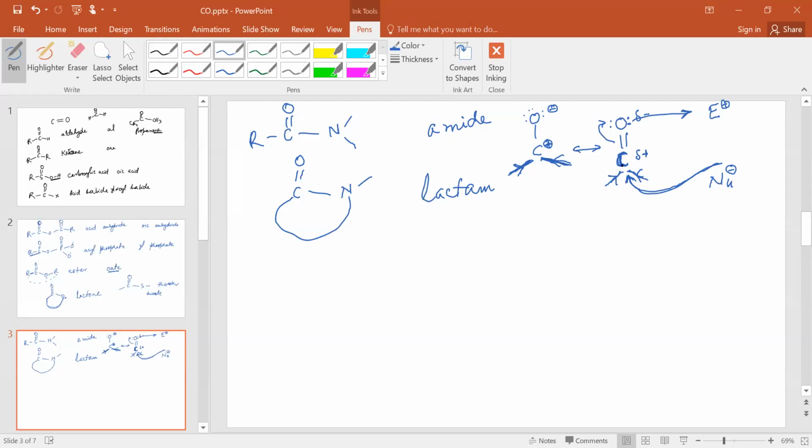Remember this one. And on the other hand, electron withdrawing groups will increase the positive charge, that will attract more nucleophiles, means it will increase the reactivity. Okay, so this concept you guys remember, very important.